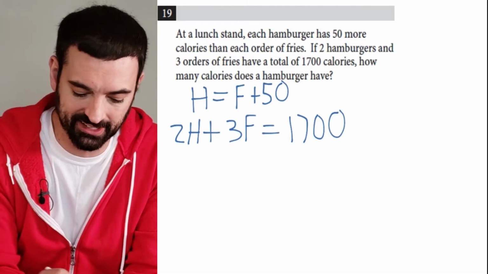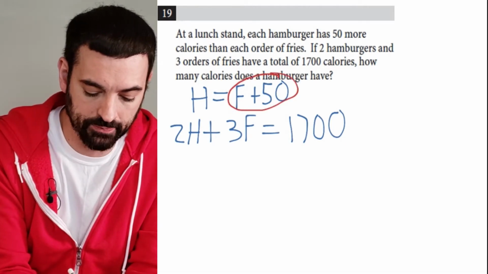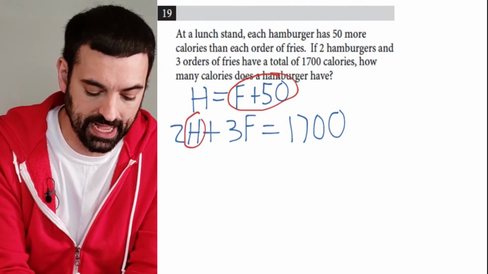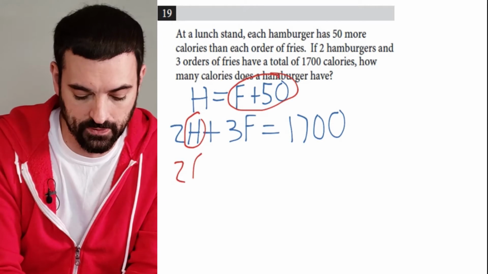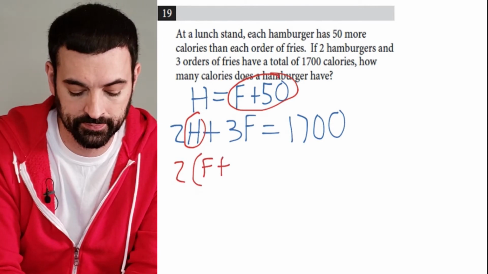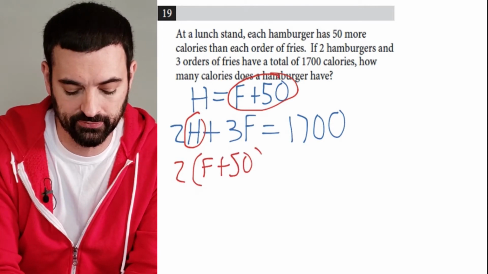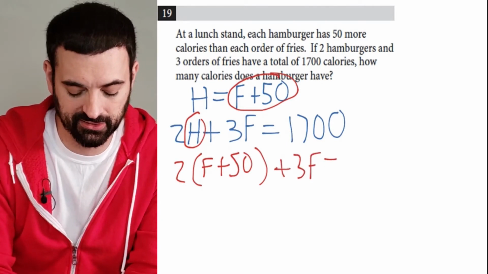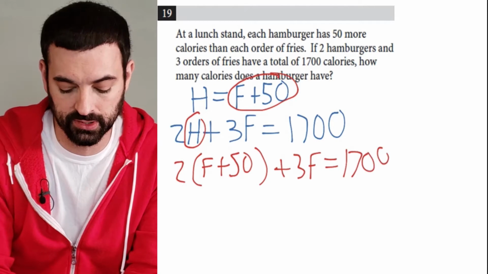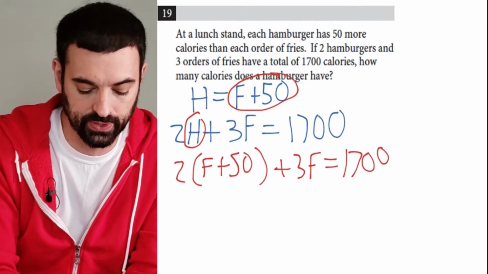In this case, we're going to substitute again. Look at how easy it is to take F plus 50 and put that in place of H anywhere that we see H. We're now going to rewrite this as 2 times F plus 50 plus 3F equals 1,700.